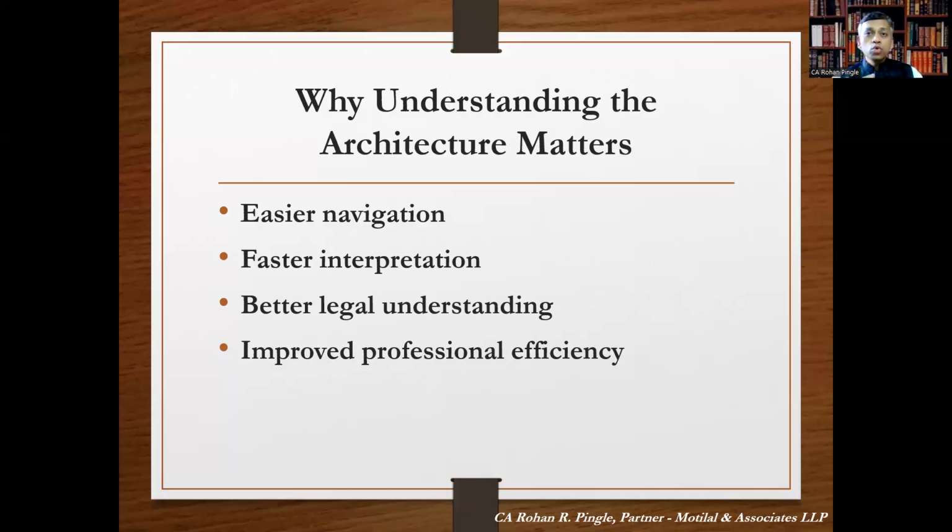For example, suppose someone asks, what is the taxability of salary? Instead of randomly searching the statute, you immediately know the logical sequence: charging provisions, heads of income, salary chapter, computation provisions, exemptions, TDS provisions, return filing. So professional efficiency begins with structural understanding.